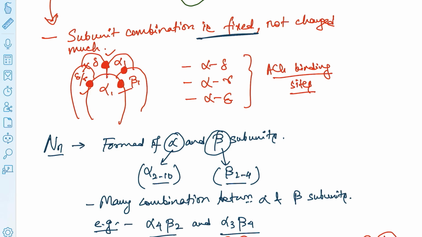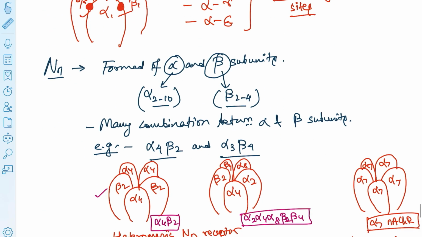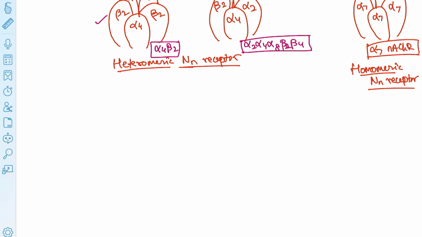as heteromeric receptors. Okay, so this was all about the different types of nicotinic receptors and how they are combined, what are the different subunits they can form, and how they basically work. Okay, now if I have to discuss one single subunit of the nicotinic receptor.